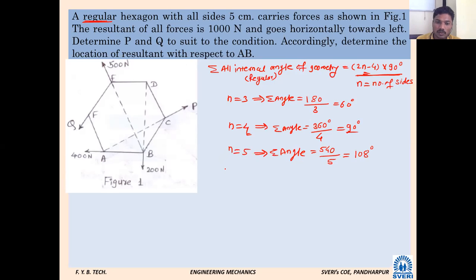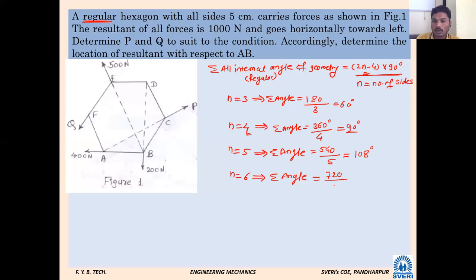108. Similarly, n is equal to 6. What will be the geometry? Hexagon, which is given in our problem. What will be the summation in this case? 2n minus 4 into 90, n is equal to 6. 6 into 2, 12, minus 4, 8. 8 into 90, 720.